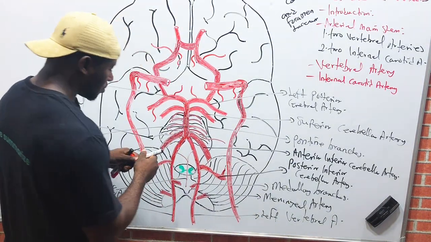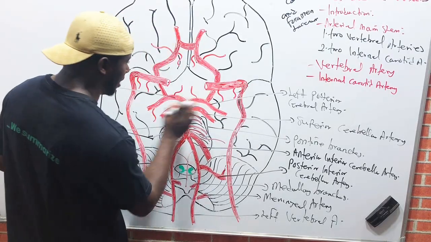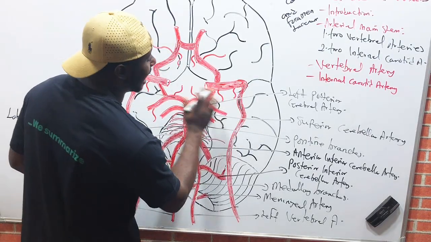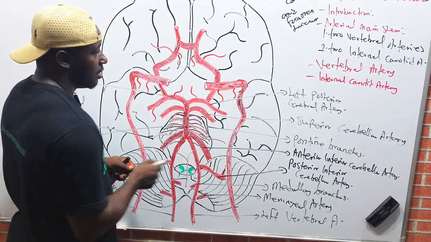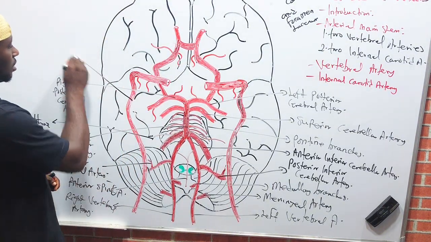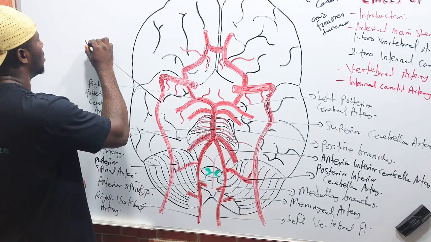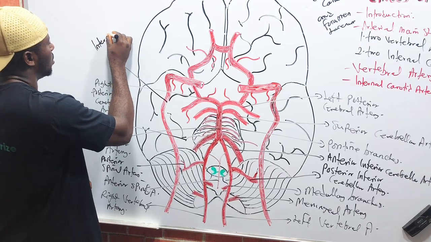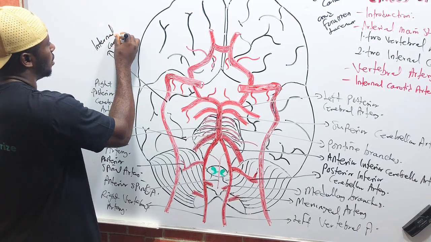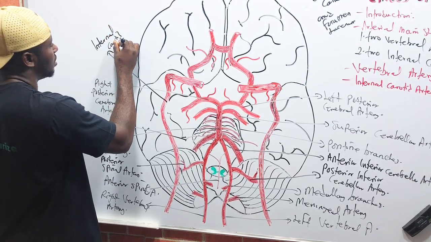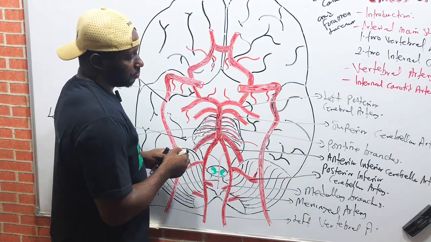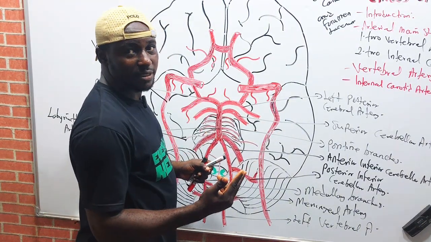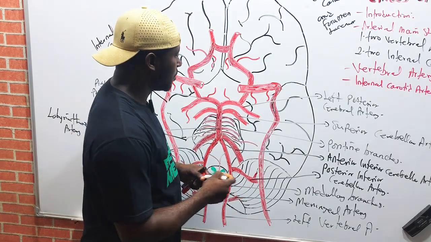Now, these 2 blood vessels here are the left and right internal carotid artery. It gives 2 branches as it terminates.